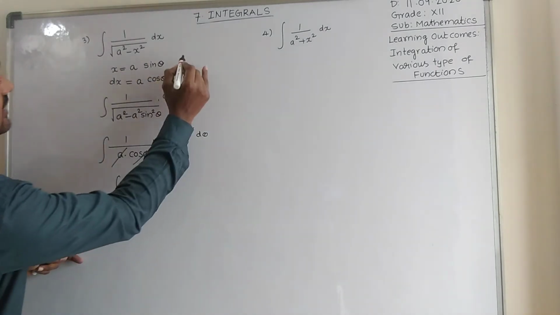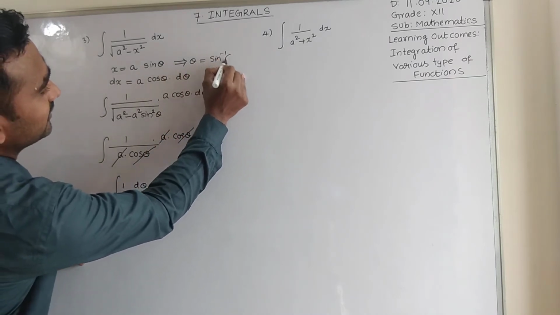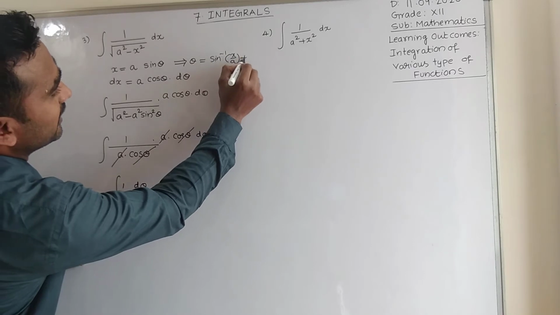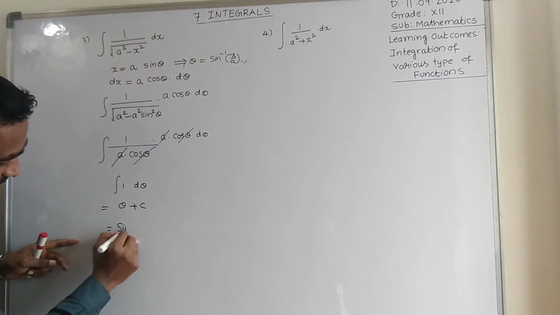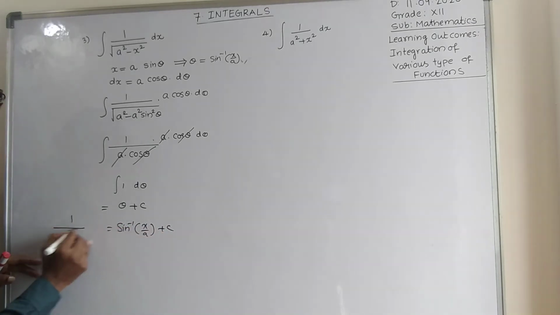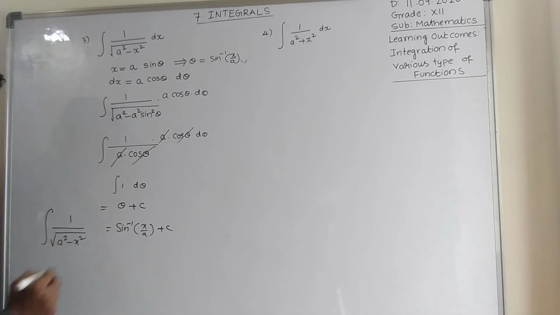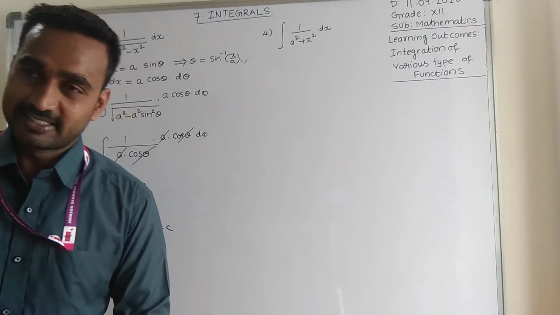If x equal to a sin theta, hence theta is equal to sin inverse x by a. So here it is equal to sin inverse x by a plus c. So integration of 1 upon root over a square minus x square dx is sin inverse x by a plus c.